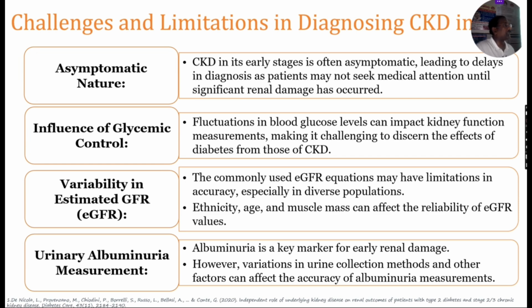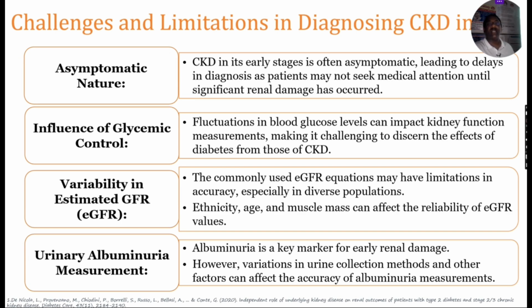One time it is 12, another time 12.6, another time 12.8, so the average is 12.5. Without any symptoms, you have to subject that person to immediate dialysis. Otherwise, these people will die of acute myocardial infarction or arrhythmias, and sudden cardiac deaths also. So that is the asymptomatic nature.